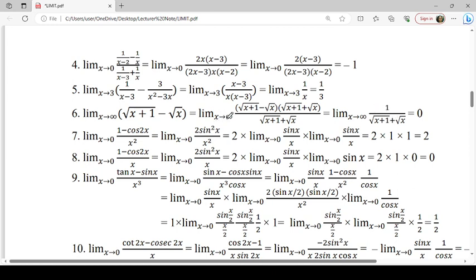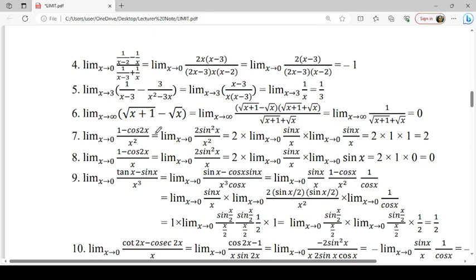Here x tends to infinity, because if we put infinity here, then we cannot get a value, but after some modification, we get this value. So as x goes to infinity, the denominator is a very large quantity, so this limit is 0.